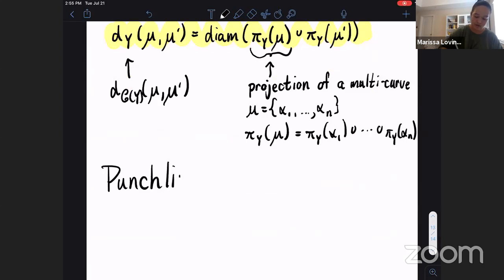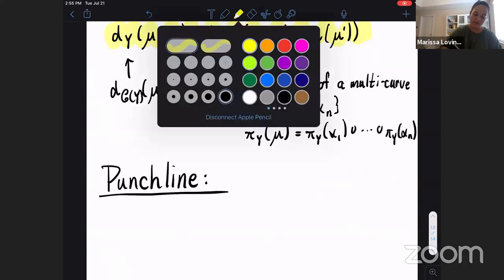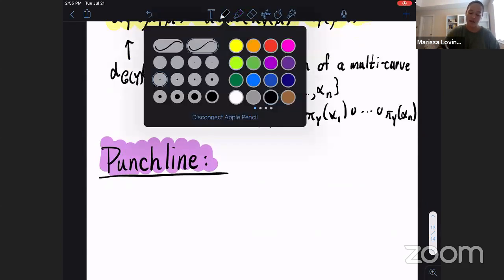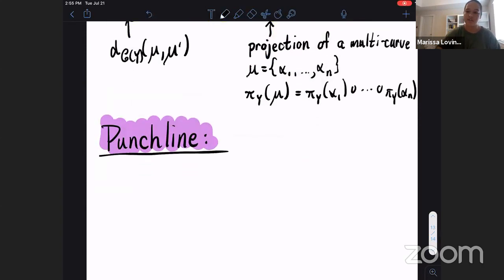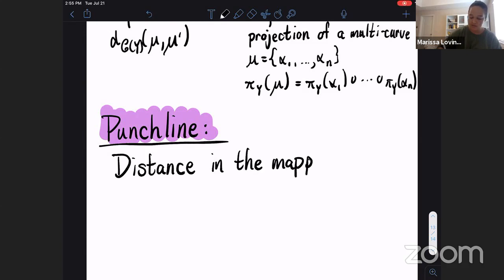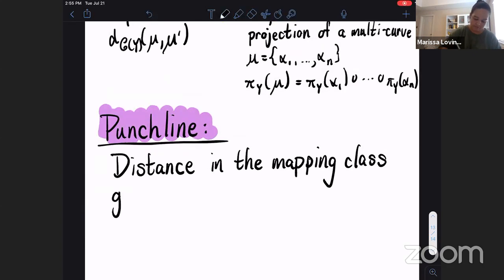So now I just want to actually write it down, because for me this is a big deal and it comes up a lot. There are ways to characterize actions of different types of elements of the mapping class group based on these types of distances. So again, I just want to write down: distance in the mapping class group can be approximated by summing over the subsurface projections.